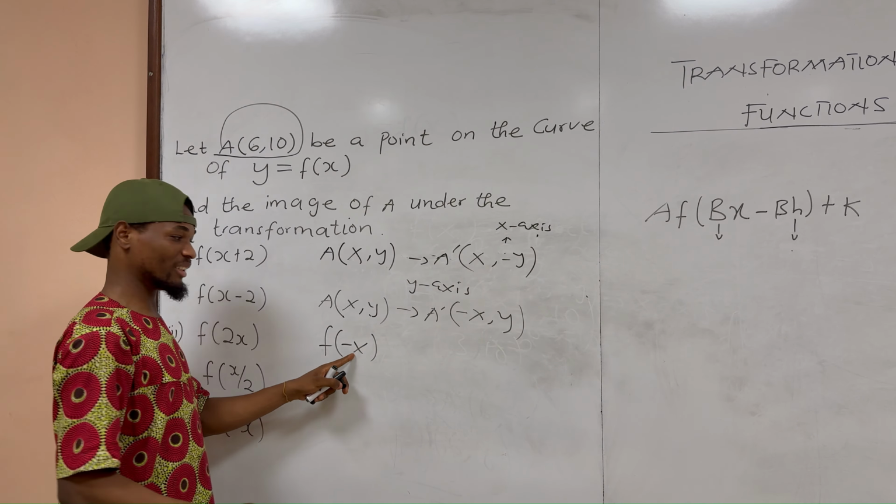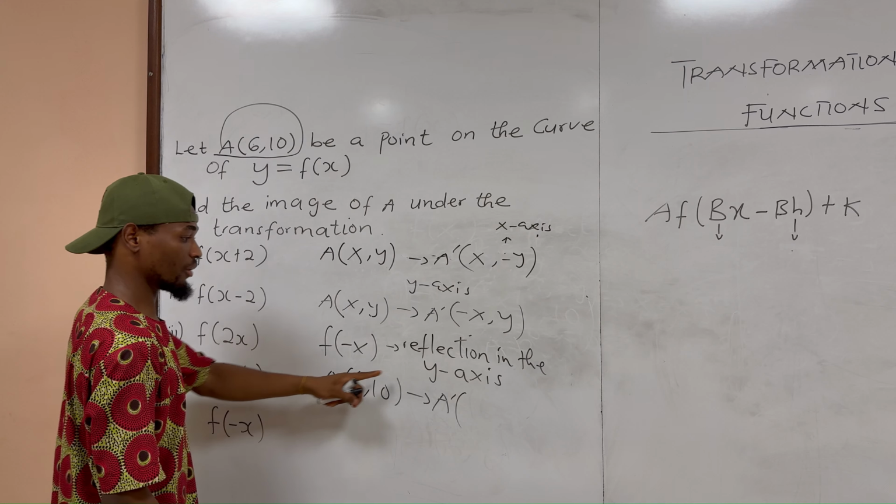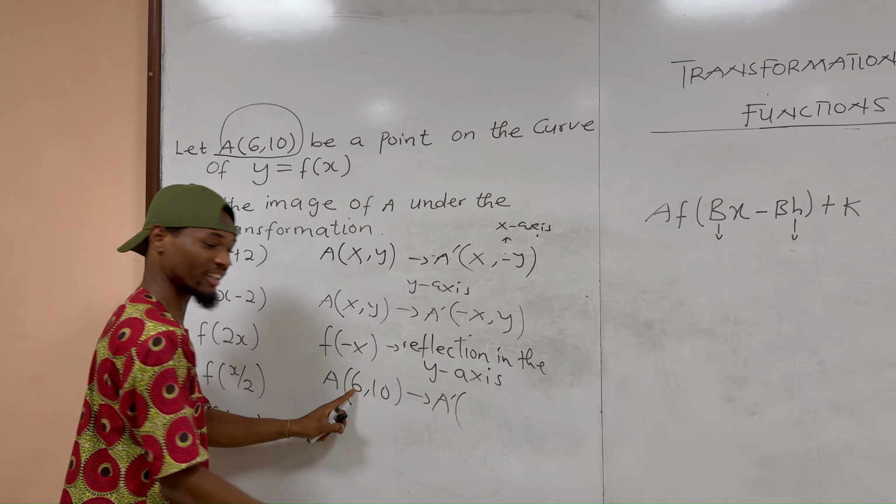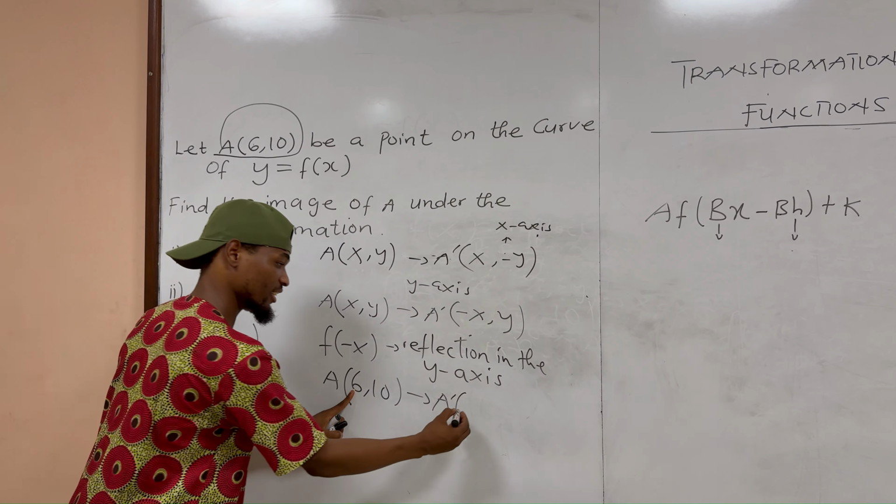Okay, so we're given A with coordinates (6, 10). The image of A becomes, in the y-axis, we are going to negate the x. So here will be negative 6, then comma, I'll maintain my y, which is 10. As simple as that. Viewers, this is how the questions are being solved.